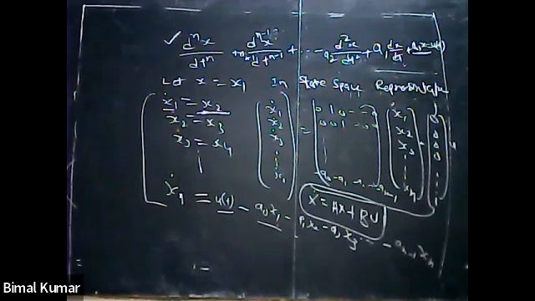In case of an electrical network, the number of differential equations is equal to the number of inductors and capacitors present in this network, right?